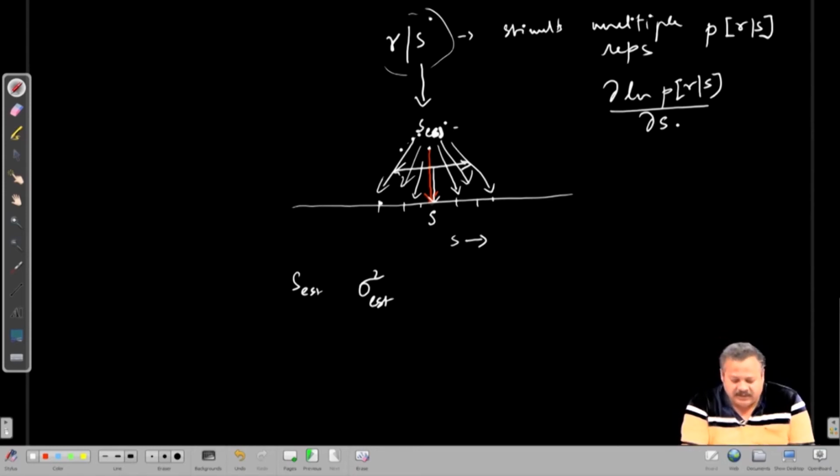We are considering an unbiased estimator, and so there is a variability in the estimates.